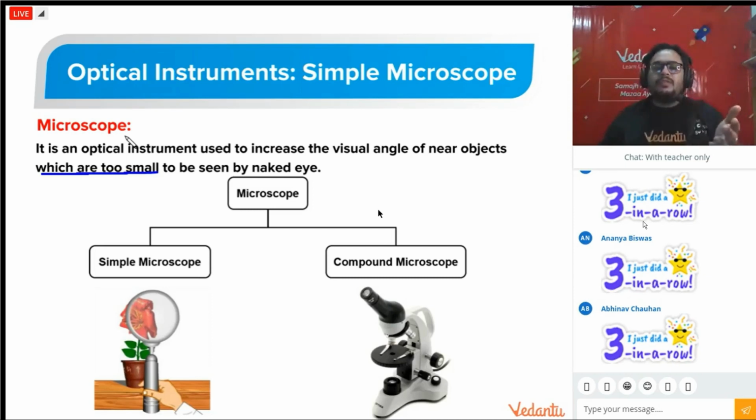Now, simple microscope is basically a magnifying lens that we all had in our childhood, and we used it to burn paper using the sunlight. But the actual use of simple microscope was to look at things very, very small. If you want to look at things which are even smaller, then you use the compound microscope.